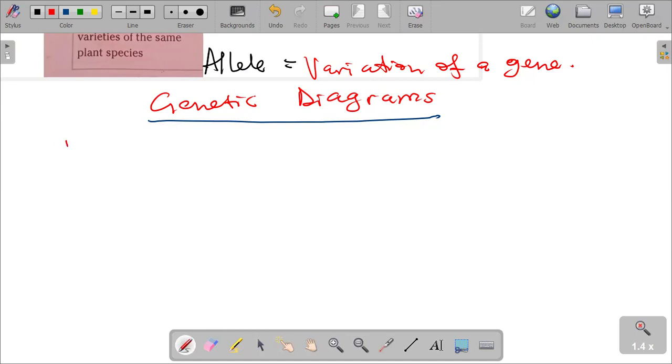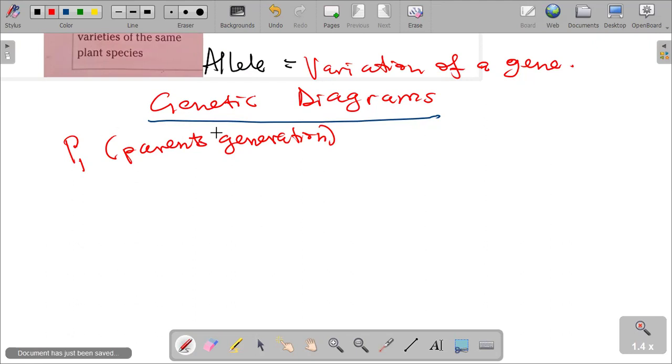We have P, which represents the parental generation. It just represents the parents' generation. P1 refers to the first parental generation.